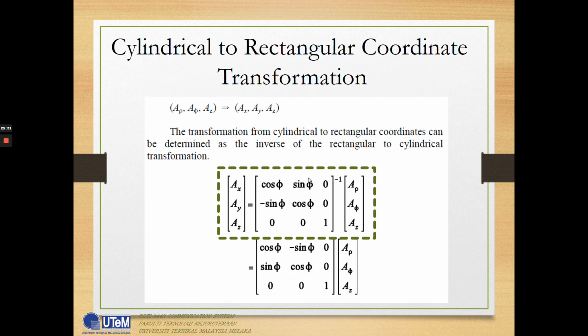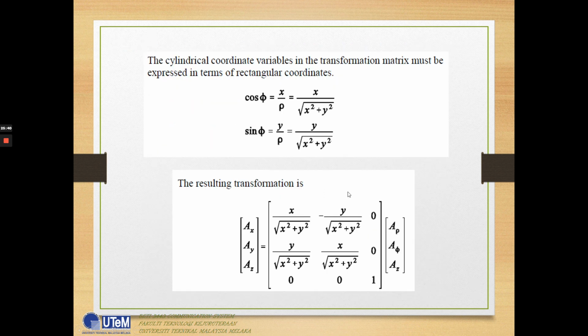When you convert, look here, these phi's need to be replaced. But we know that cos phi is equal to x divided by rho, and sin phi is equal to y divided by rho, respectively. So x is there, but rho we replace here and we get this one.